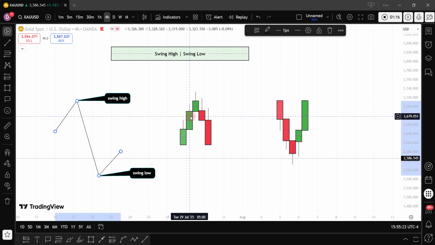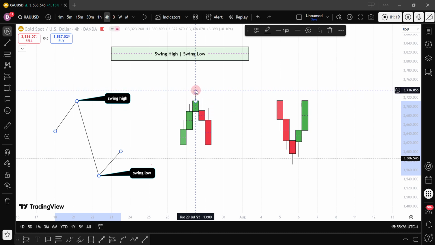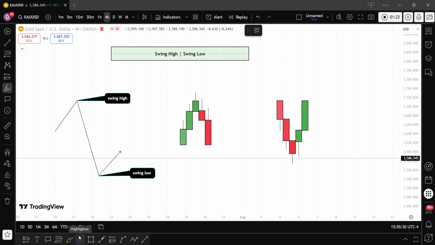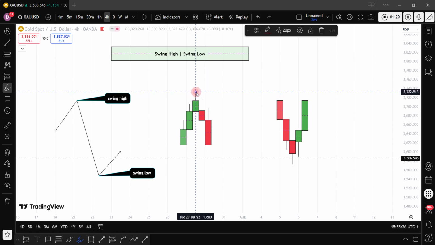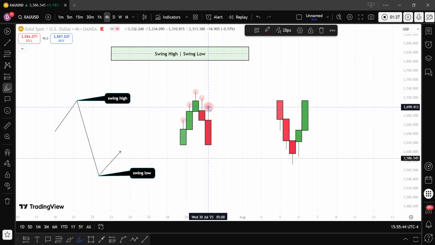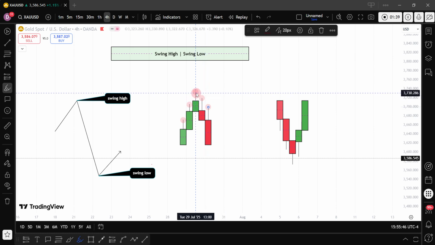The lower highs we're talking about, this is the high. As you can see, let me use this marker. This is the high we are talking about. Now these are the two lower highs, as you can see. Lower high, lower high. Now this becomes our swing high.